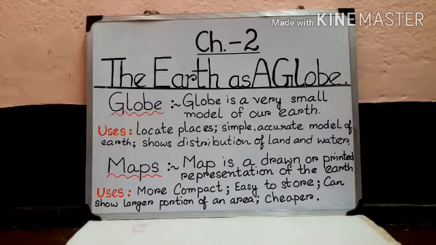That we can visually see the shape of the earth. And also we can see how continents, oceans, countries are all situated on the earth. Isn't it? So these all we can see with the help of a globe.